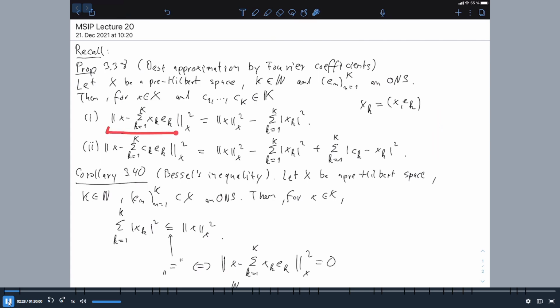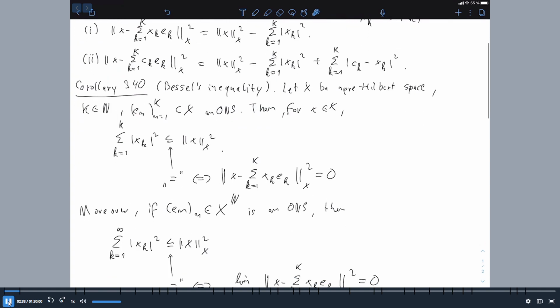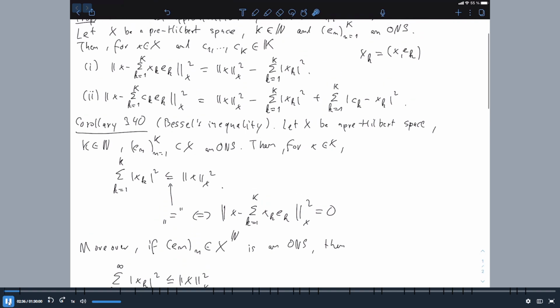The first equality we can further refine. We did this in Bessel's inequality. Since we know that the left-hand side is a norm, so it's definitely non-negative, we can conclude that the sum of the squared coefficients has to be smaller than the squared norm. And we get equality here, so that the norm is equal to the sum of the squared coefficients, if and only if the error that we are making is 0.